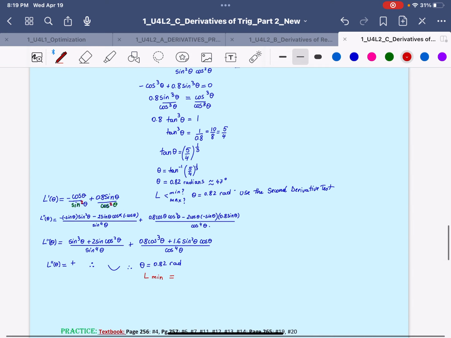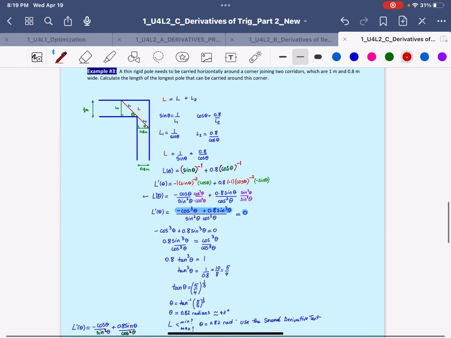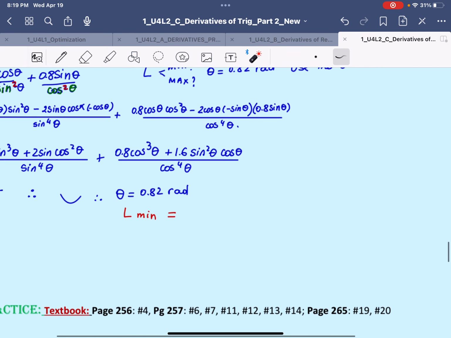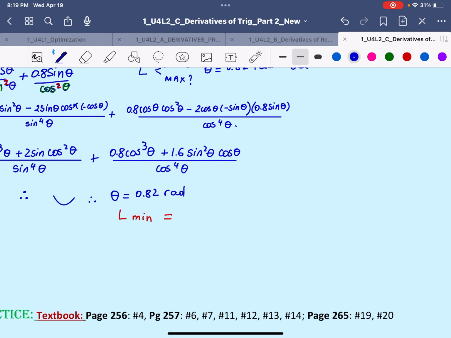Let's find the minimum length. Now remember that the length is 1 over sine theta plus 0.8 over cos theta. So that means 1 over sine of 0.82 radians plus 0.8 over cosine of 0.82 radians. So let's check and see. Let me grab a calculator.